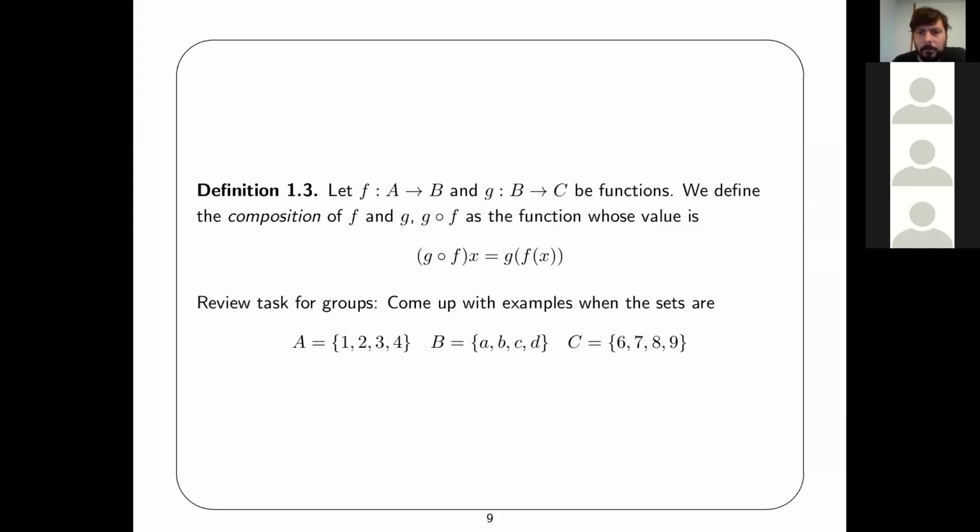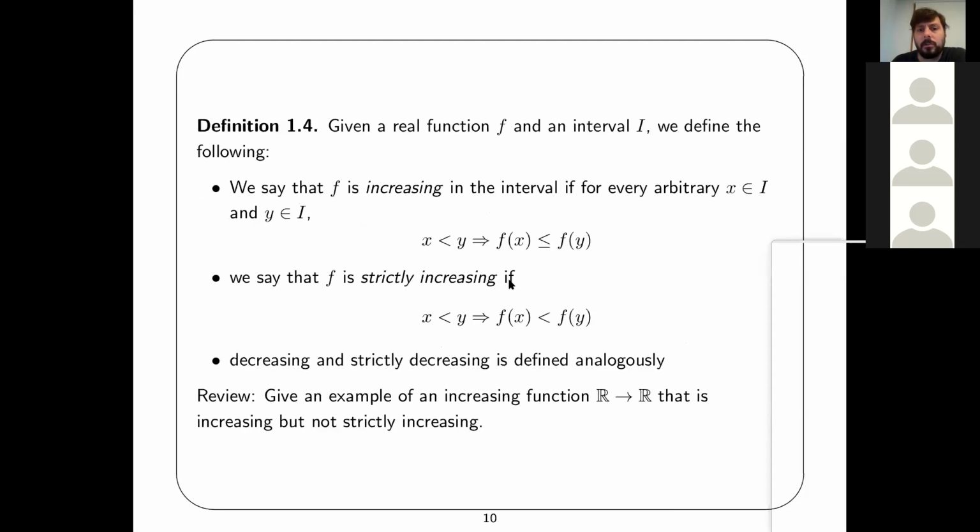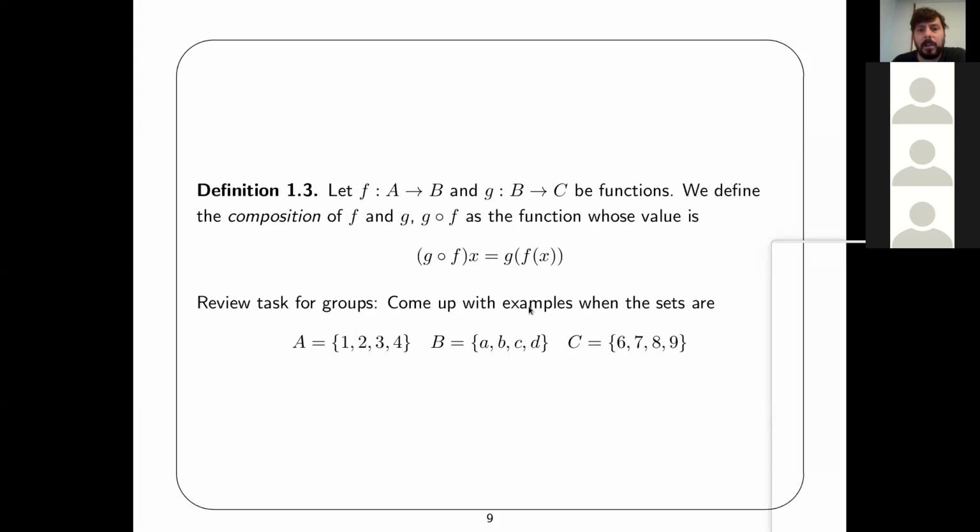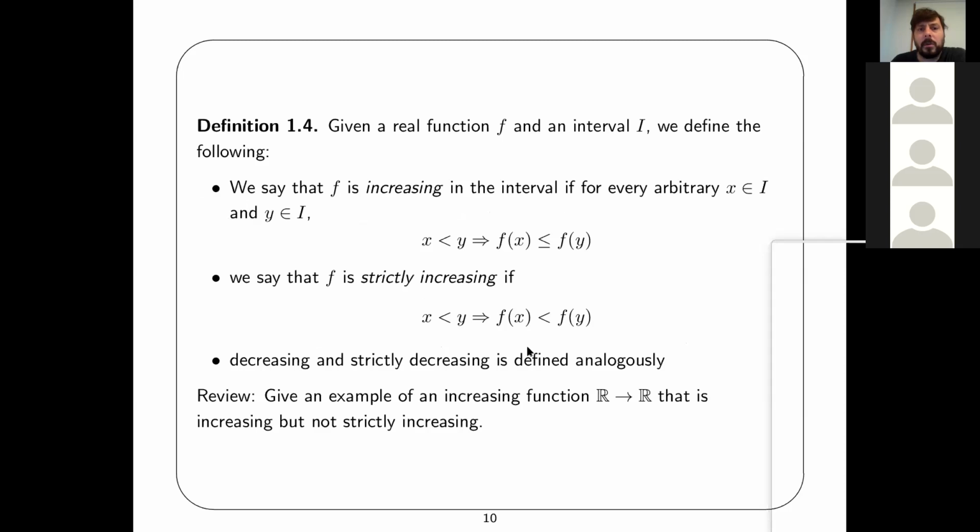So there we had the composition function, or the composite function. We talked about that. We had some examples. I'm not going to go there. We needed to talk about increasing and strictly increasing, and then conversely decreasing and strictly decreasing.